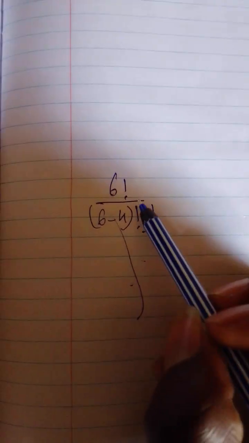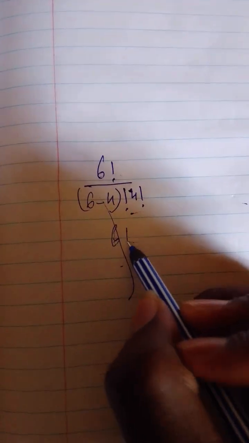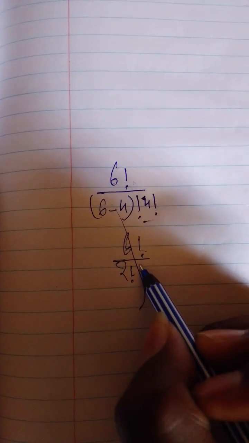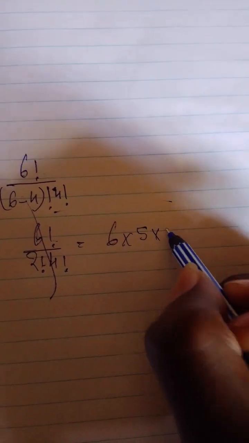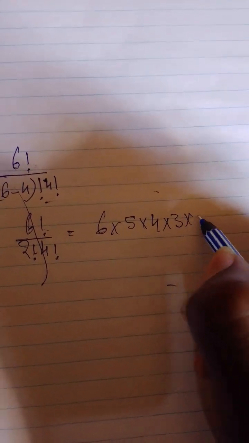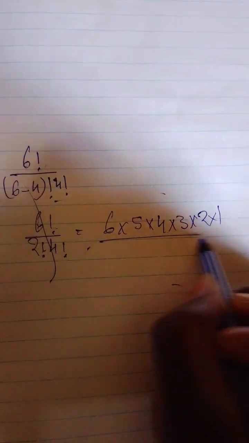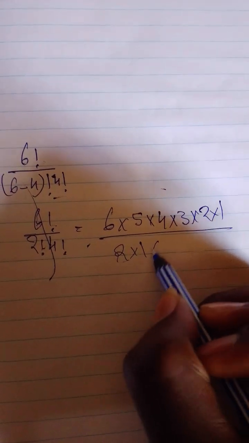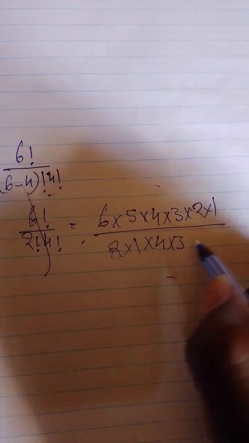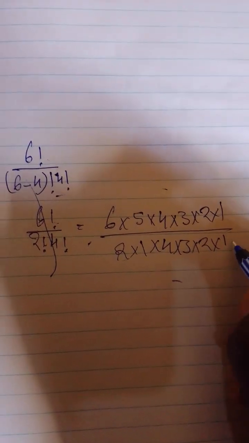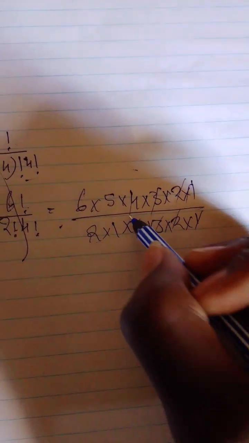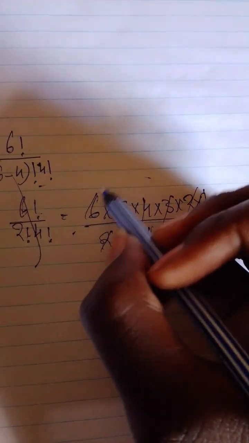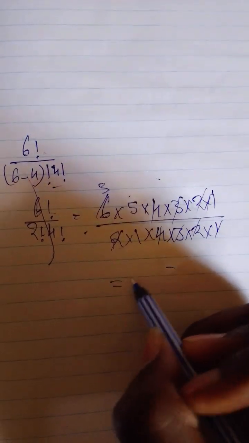So this is the same as 6 factorial over 6 minus 4 is what? 2 factorial, 4 factorial, which is the same as 6 times 5 times 4 times 3 times 2 times 1 over 2 times 1 times 4 times 3 times 2 times 1. This and this will cancel. 2 into 6 is what? 3. 3 times 5, the answer is 15.